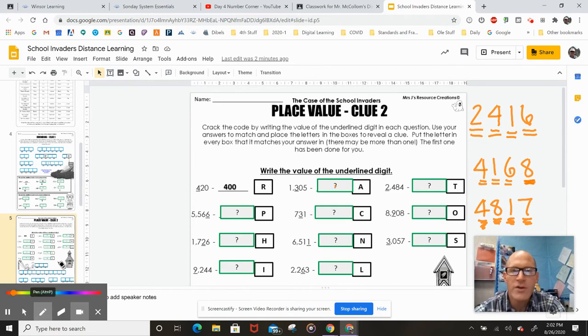So our value of the underlined digit is 300.